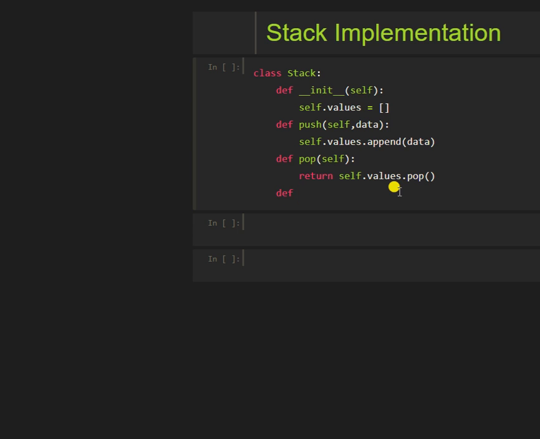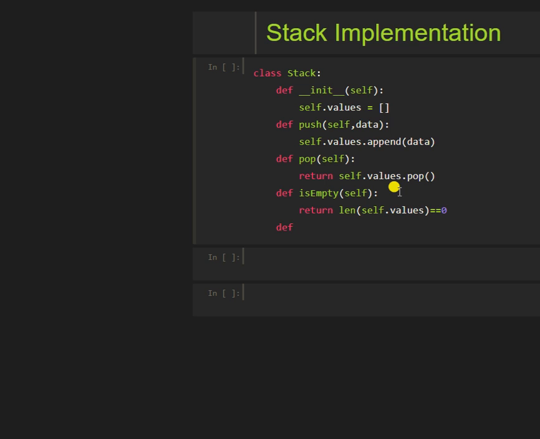Now we'll define some other basic functions like is_empty. It will check whether the stack is empty or not. So it will return whether the length of self.values, that is our stack, is equal to 0 or not.